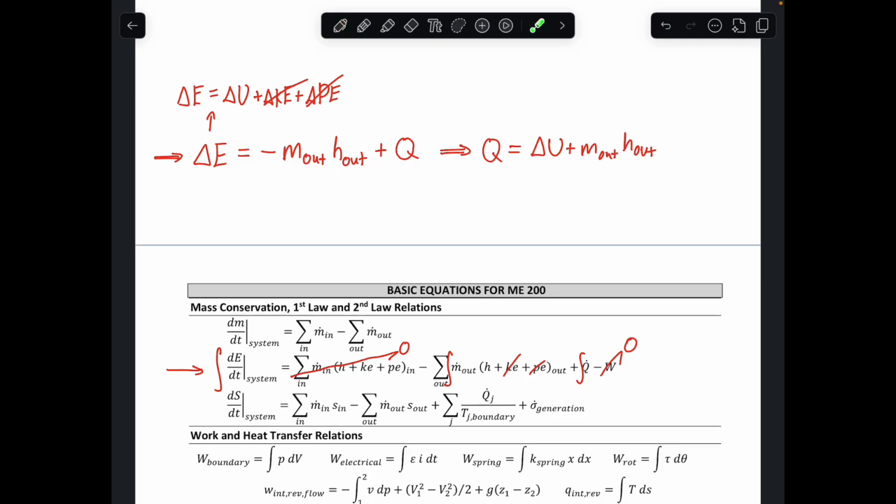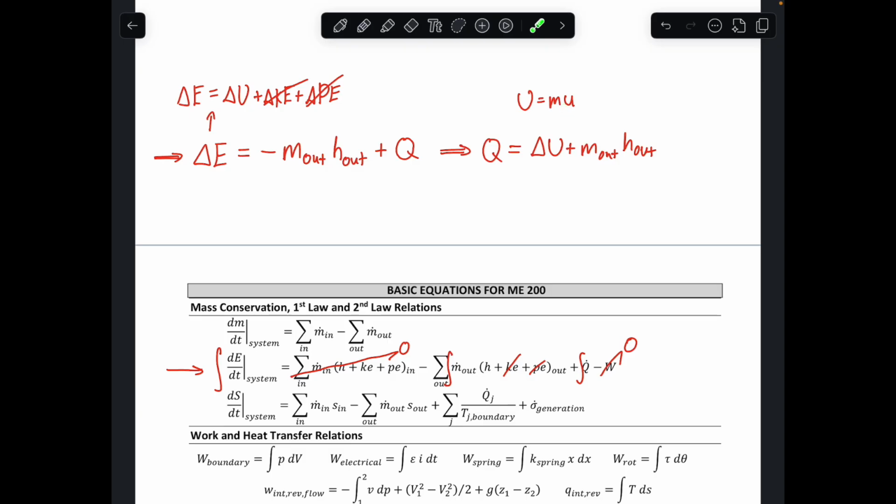And then finally, we want to break up this big delta U into terms that we can actually evaluate, and we can do that by remembering that total internal energy is equal to mass times specific internal energy at any given state. So if we want to find U1, it's just the mass at state 1 times the specific internal energy at state 1. Same thing for state 2.